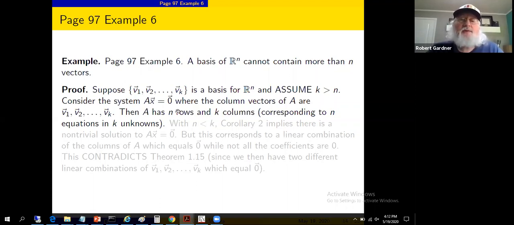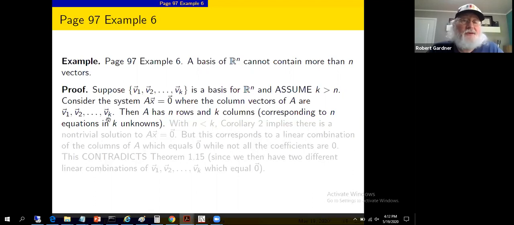Consider a system Ax equals 0, where the column vectors of A are these basis vectors. How many rows will A have? Well, these vectors are going into matrix A as columns, so for every component of one of these vectors, there'll be a row of matrix A. The vectors are from Rn, so they have n components, so there are n rows of matrix A. How many columns?